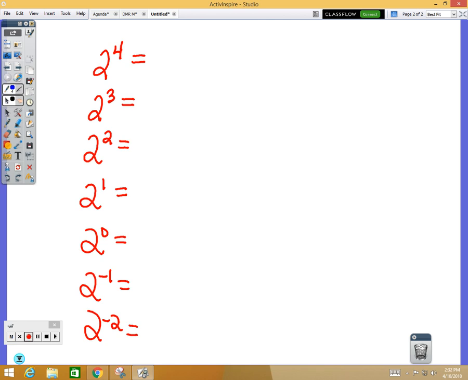Just as a review, the big number is called the base. The base, very good. And then you have the exponent. The entire thing is called a power.